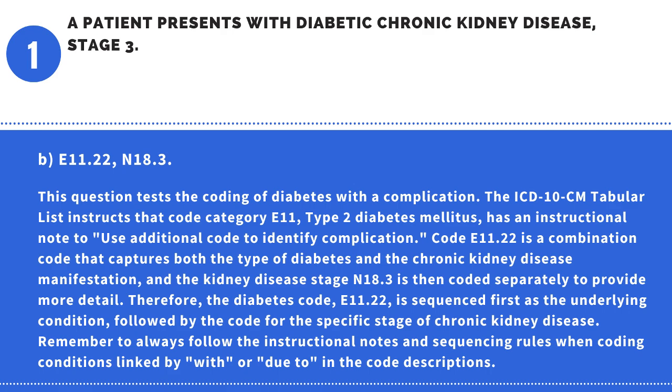Therefore, the diabetes code, E11.22, is sequenced first as the underlying condition, followed by the code for the specific stage of chronic kidney disease. Remember to always follow the instructional notes and sequencing rules when coding conditions linked by, with, or due to in the code descriptions.